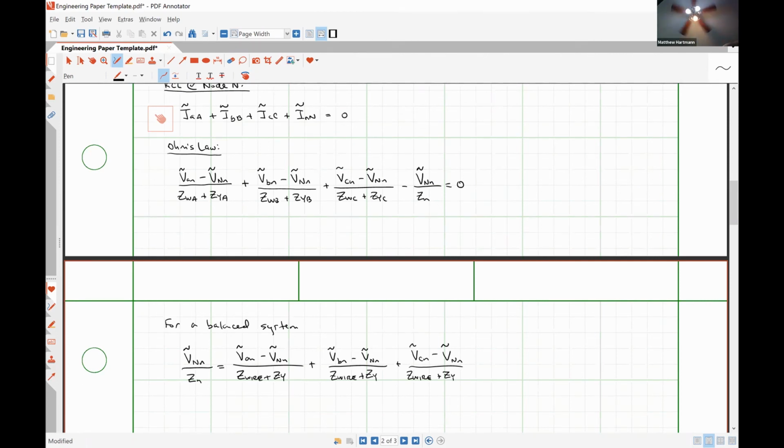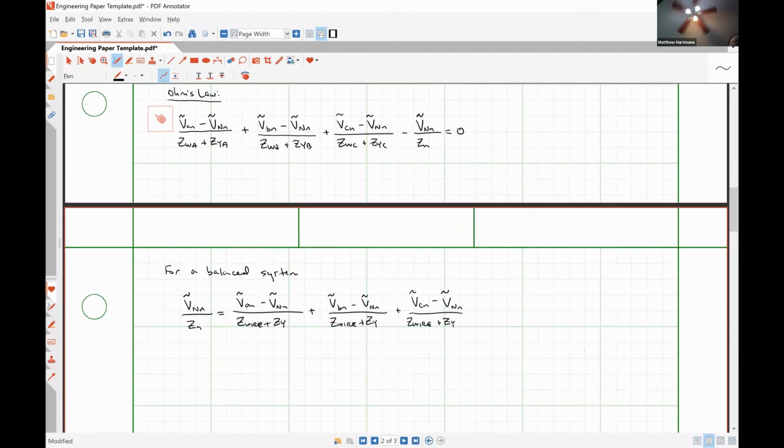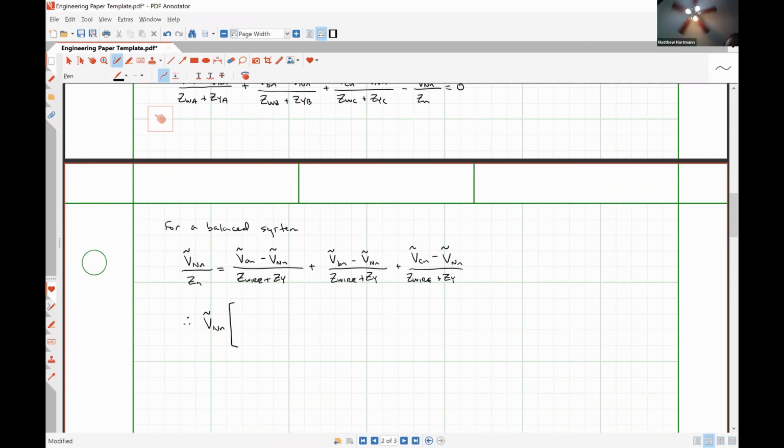And we can factor out VNN, and that will give us VNN multiplied by 1 over Zn plus 3 over Z wire plus ZY is equal to VAN plus VBN plus VCN divided by Z wire plus ZY.